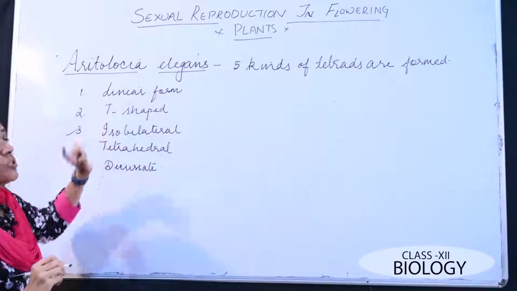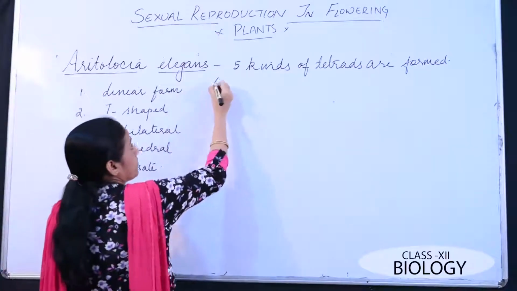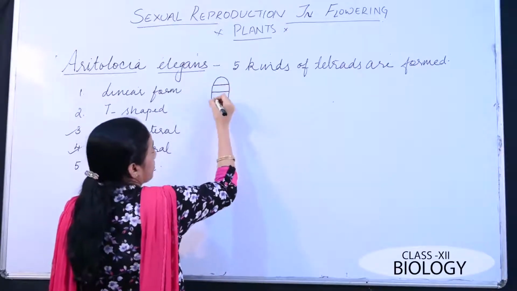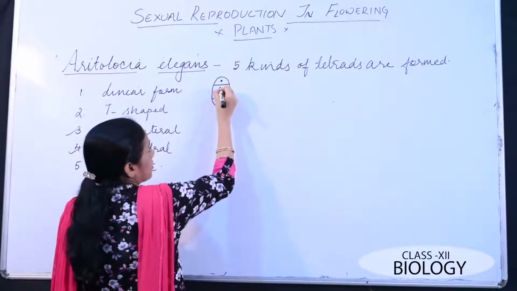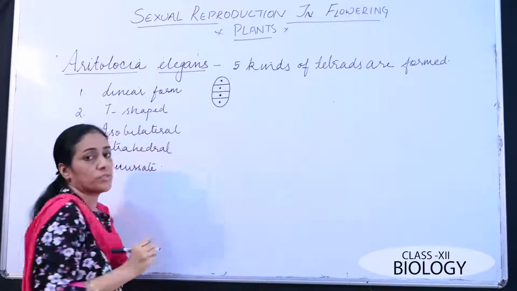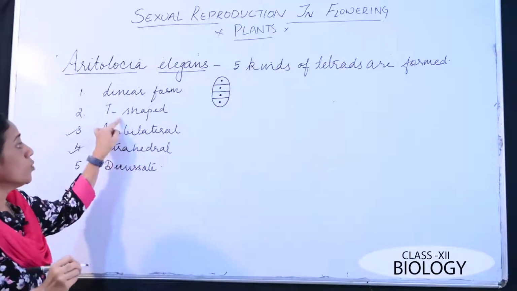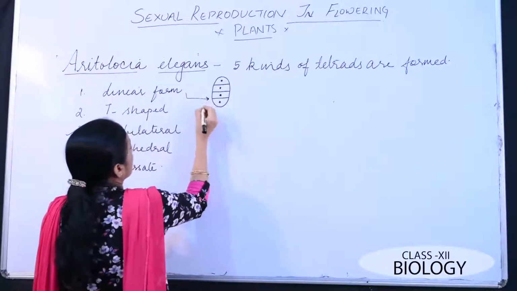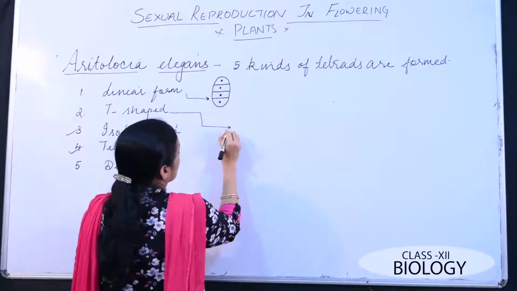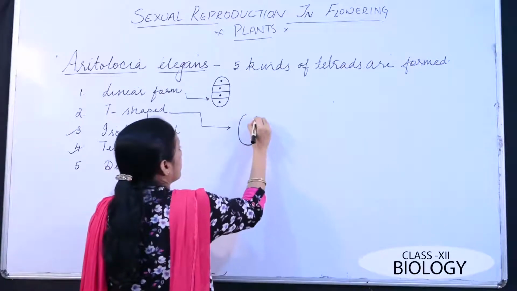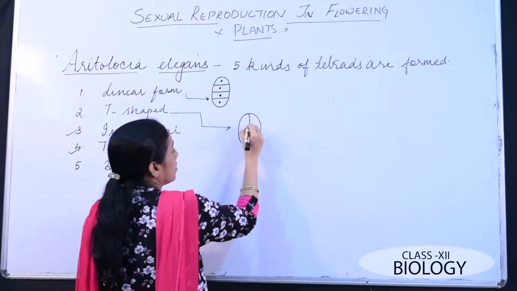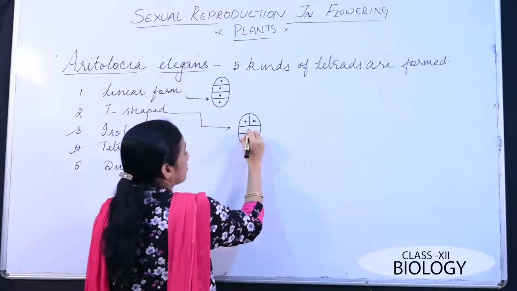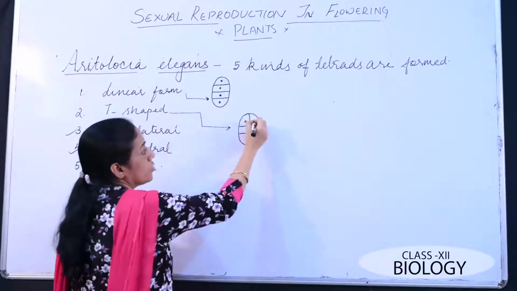Now, how would this linear form look? The linear form of a microspore tetrad will give an appearance of this type, where you have 4 cells arranged in a linear fashion. Okay. Now, what about this T-shaped? The T shape would look like a T. The tetrads arrange in this manner.